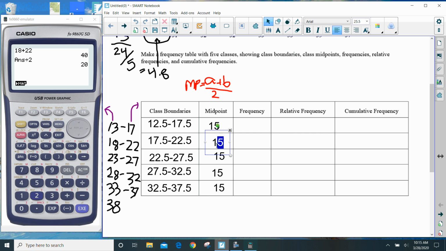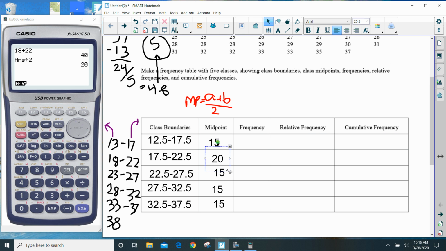You'll also notice that these numbers will go up by the magic number of 5. So I can kind of cheat the system here a little bit. It's always good order to check the very last one, just to make sure you didn't accidentally mess up somewhere along the way. So I'll just check the last one, 33 plus 37 divided by 2, 35, hooray.